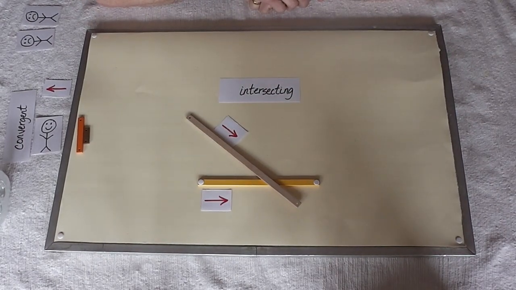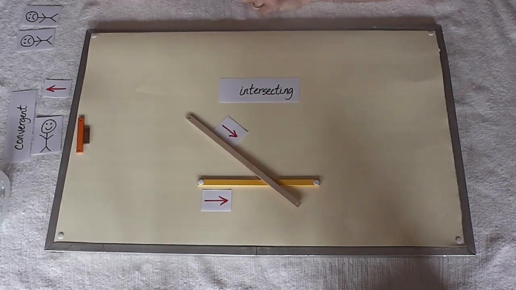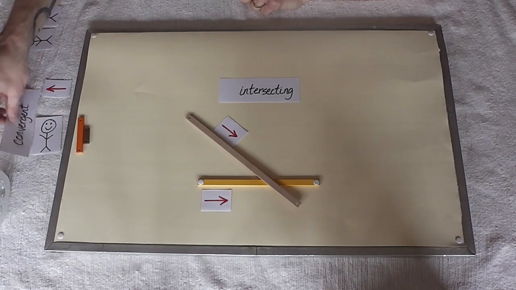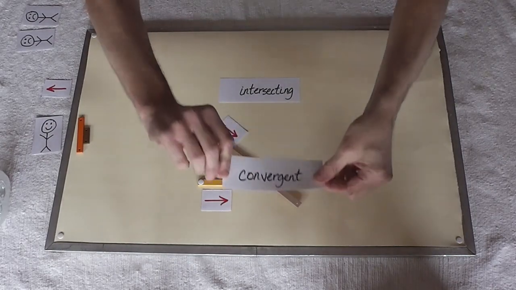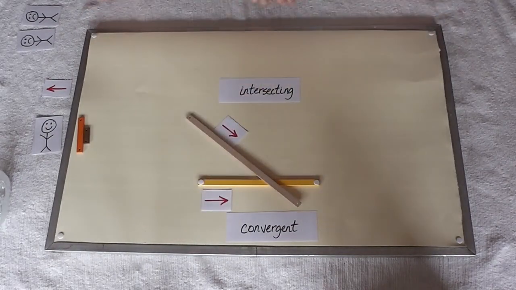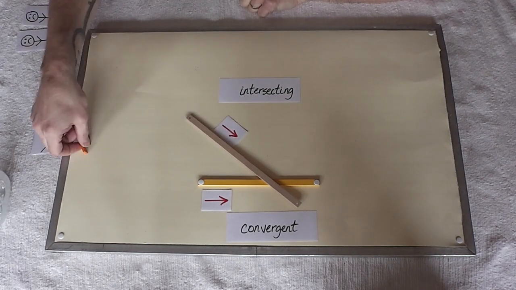When we have two intersecting lines moving towards each other, in other words, the direction in which they're moving, we say that those lines are convergent. Those intersecting lines are convergent. They keep getting closer to each other. The distance between the two lines decreases.